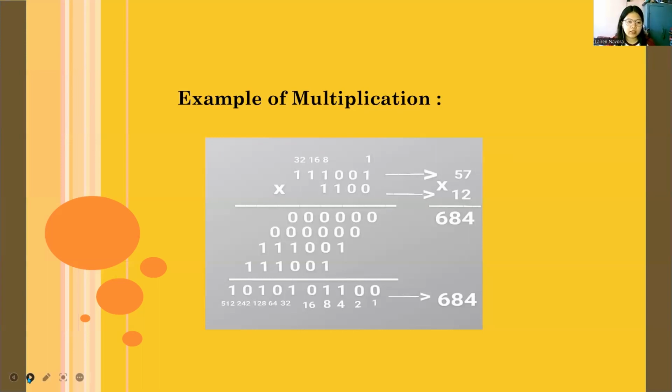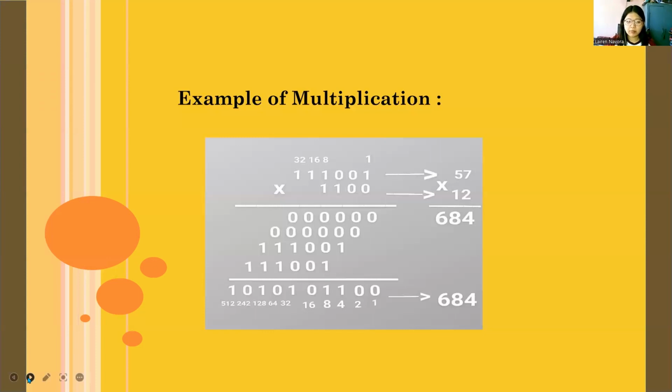Now that we are done multiplying, let's add all the numbers. Bring down 0, 0 plus 0 is 0. Let's convert each binary number into decimal. Adding 1, 2, 4, 8, 16, 32, 64, 128, 256, 512 equals 684.